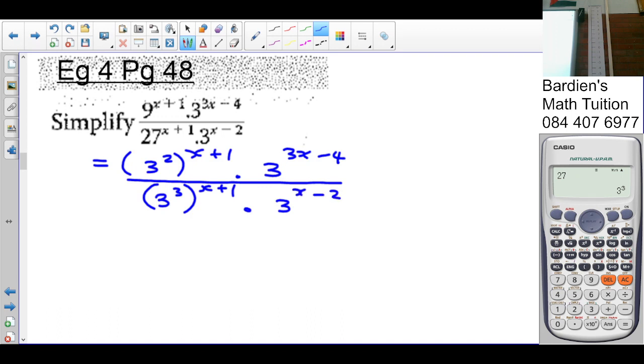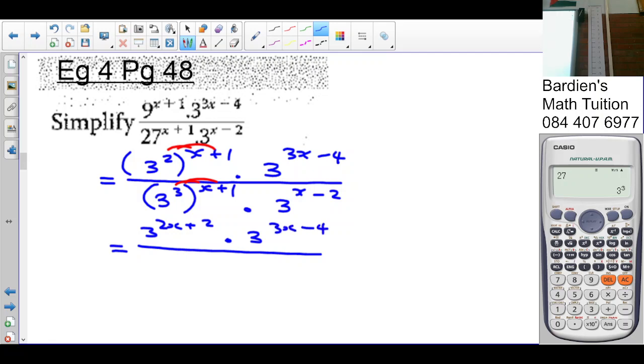Now what do we do? Multiply the exponents. So it's 3 to the exponent 2x plus 2 times 3 to the 3x minus 4, over 3 to the 3x plus 3 times 3 to the x minus 4.